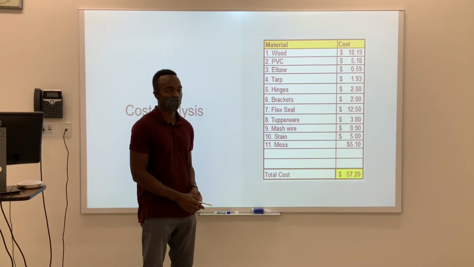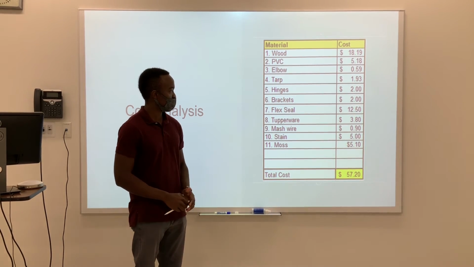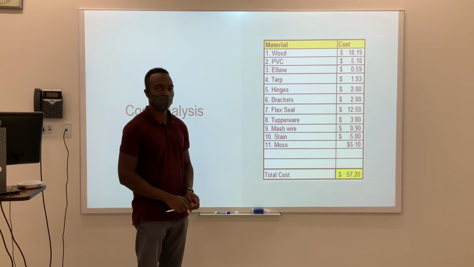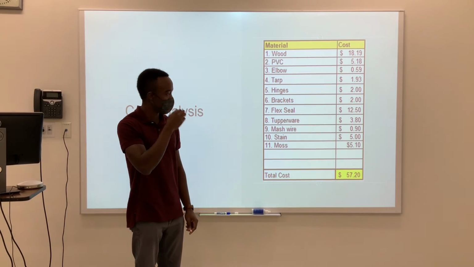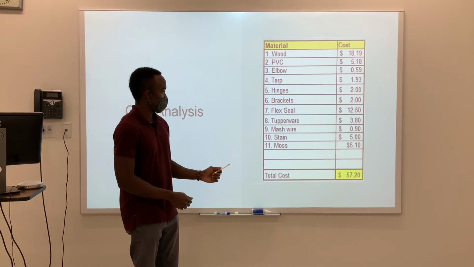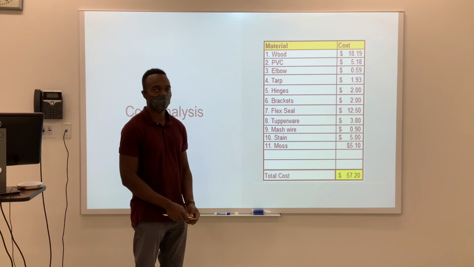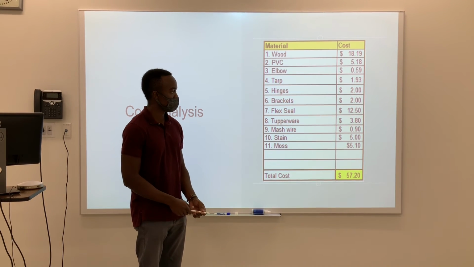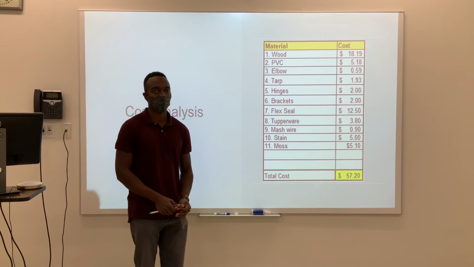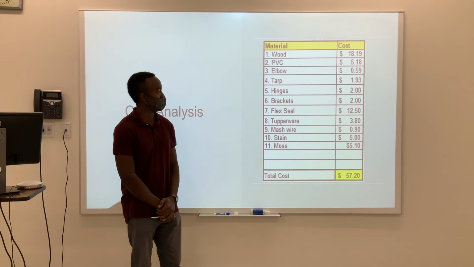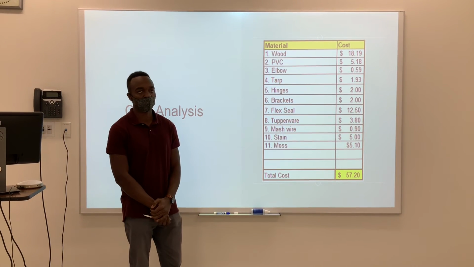We also used Flex Seal, Tupperware, and mesh wire. We also had stain on our project, and we had moss. Our total amounted to $57.20, and we managed to meet the cost requirement, which was a max of $60.